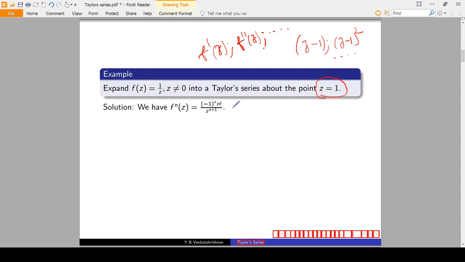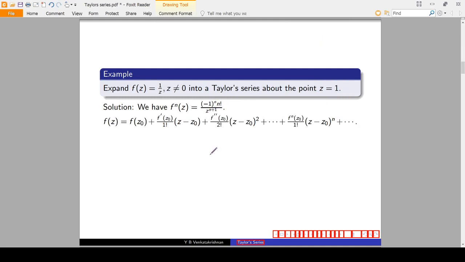So now I calculate the nth derivative of 1 by z, which is minus 1 whole power n into factorial n by z power n plus 1. When I take n is equal to 1, f dash of z will become minus 1 by z squared, because minus 1 whole power 1 is minus 1, factorial 1 is 1, and z power 1 plus 1 gives z squared. When I substitute n is equal to 2, I will have the value of f double dash of z.